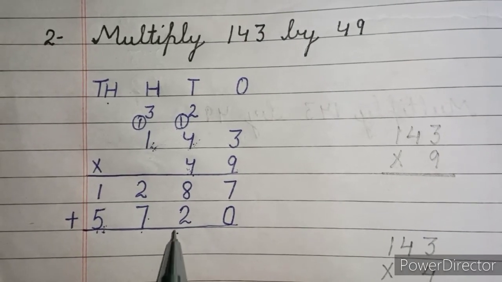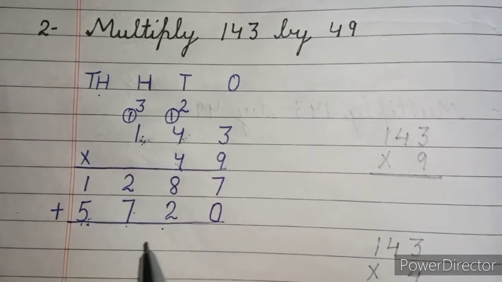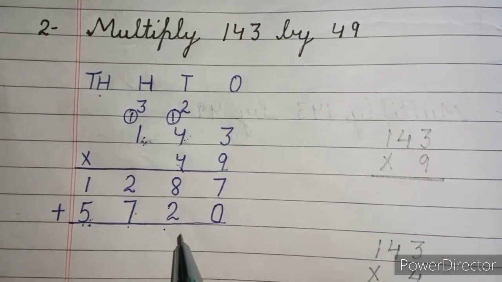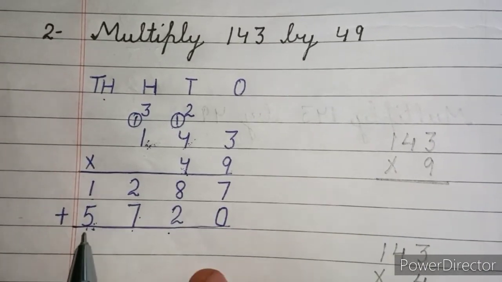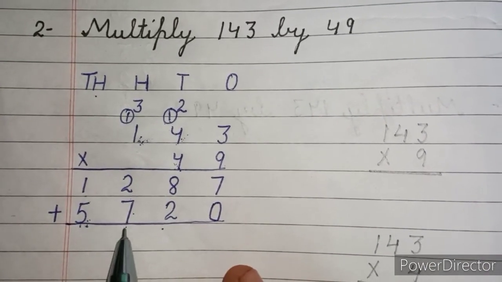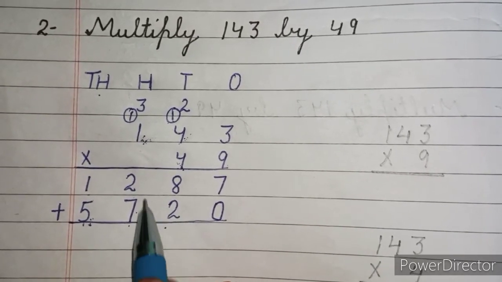This is the product of 143 by 4. Clear, children? Now we have two products. First is 1287 and second is 572. Now we have to add both products.